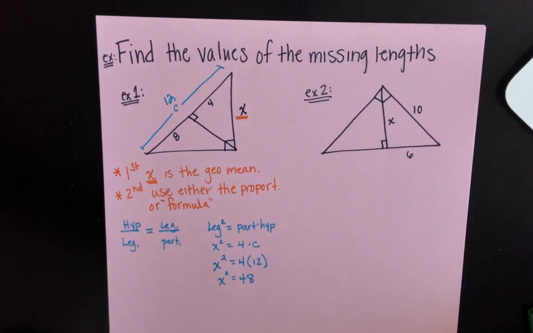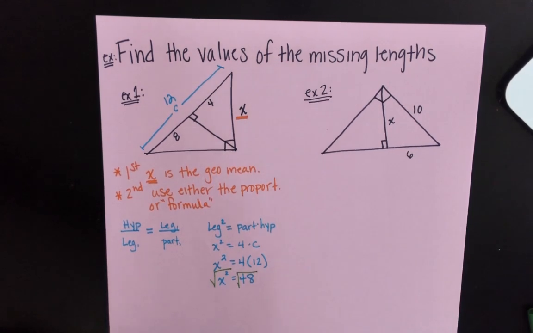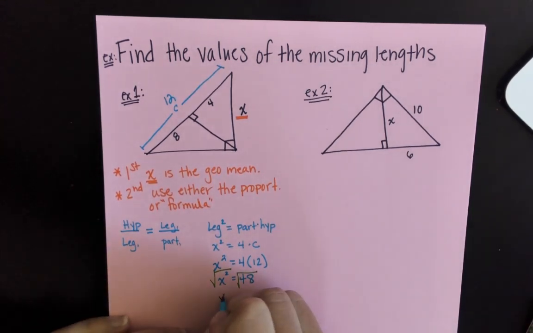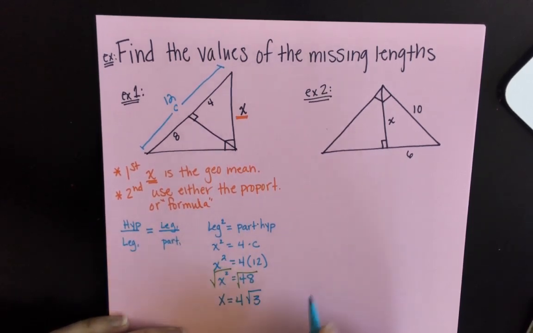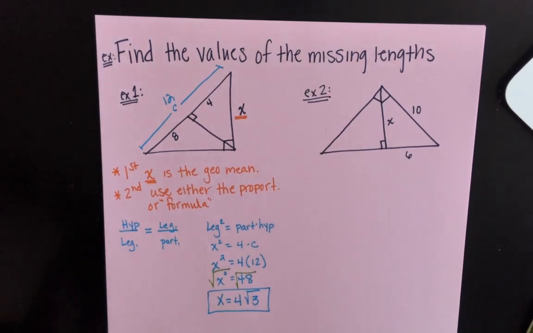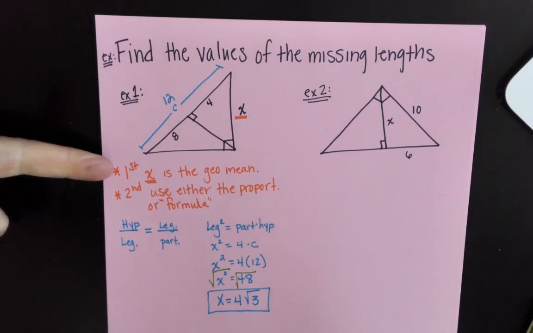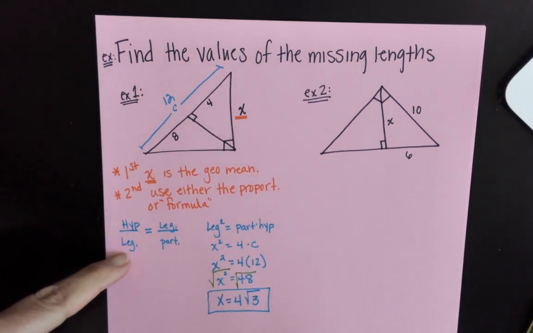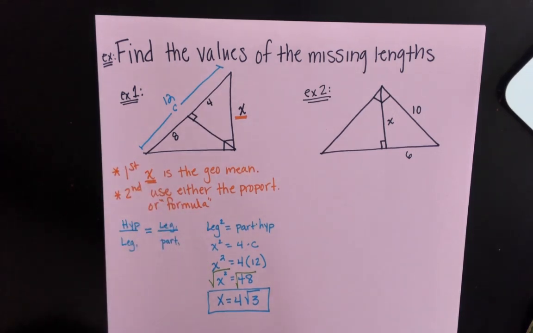And when I do take the square root of both sides, I remember that this is actually 16 times 3. So when, again, we answer this, we want this to be 4 radical 3. It wants exact values all the time. So figure out which is your geometric mean, and then either use your proportion or our cross-multiplied formulas that you've already seen.